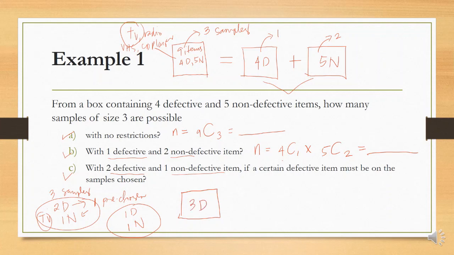Diba? Kasi wala na si TV dyan eh. Plus, 5 pa rin yung non-defective natin. So, kukuha tayo ng isa rito, kukuha tayo ng isa doon, according to our premise. So, ang N natin ngayon ay 3 combination 1 times 5 combination 1. Okay, so yan yung ating number of ways.